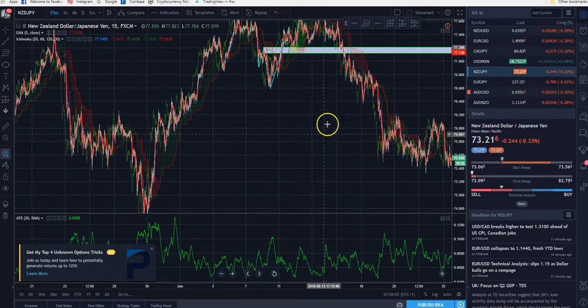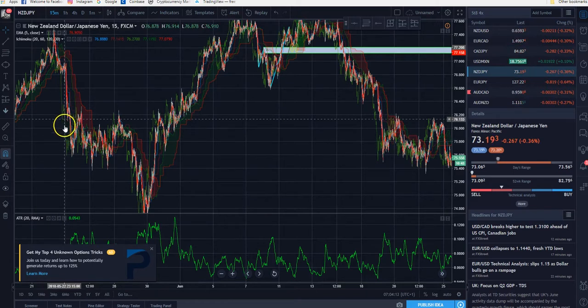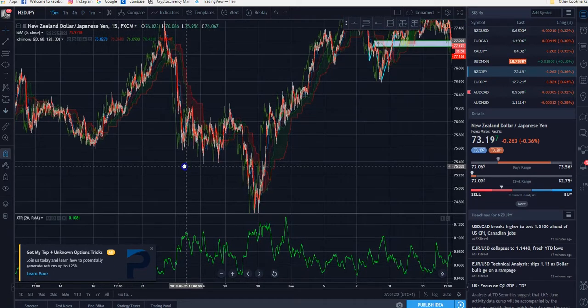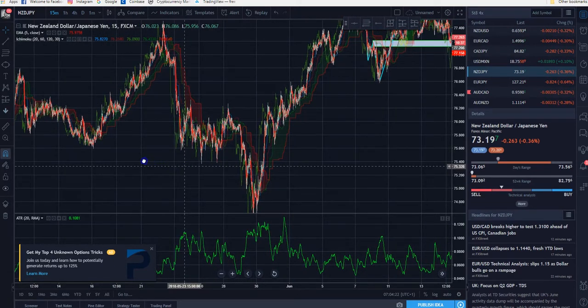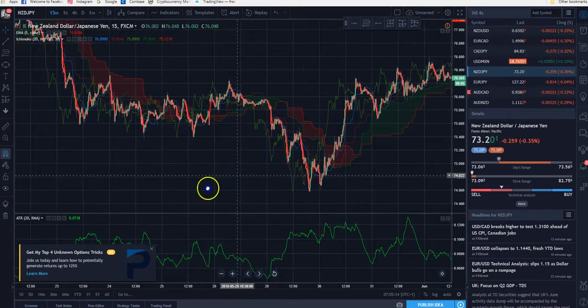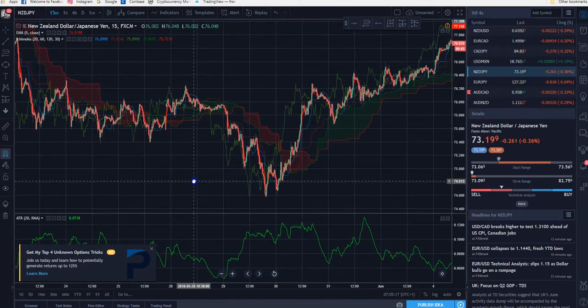I kind of zoom out and pay attention to support and resistance. Hold on 1 second. Okay, we got an area here.